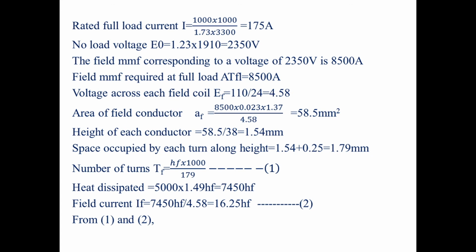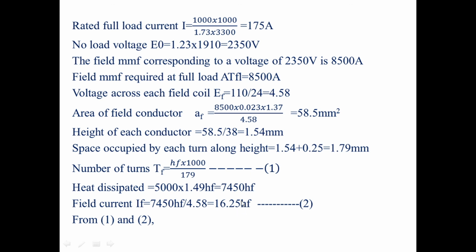So you will be getting field current IF is equal to 7450 HF divided by 4.58, that is voltage across each field coil, EF. So we will be getting 16.25 HF.